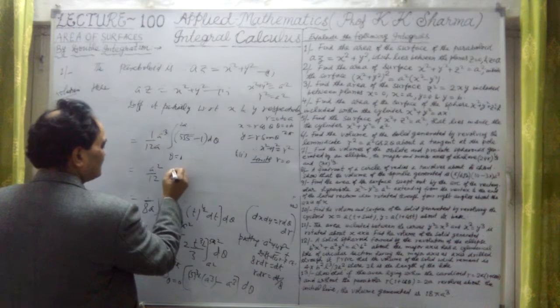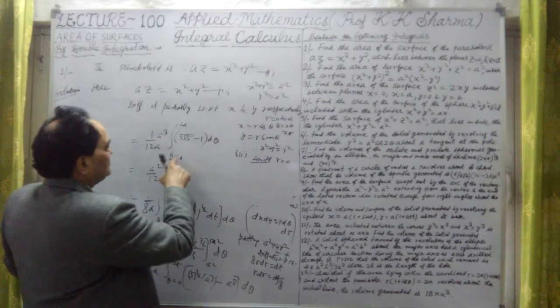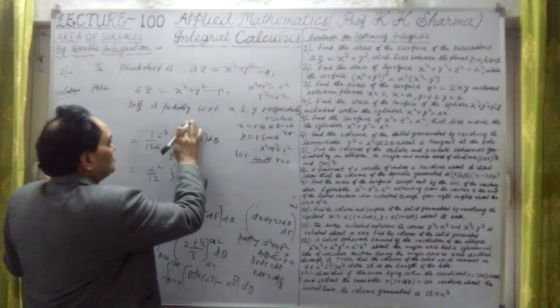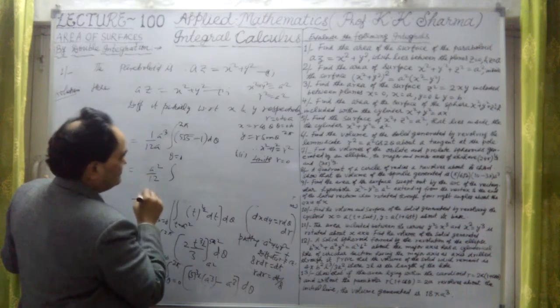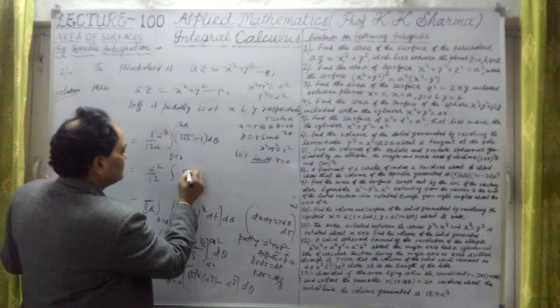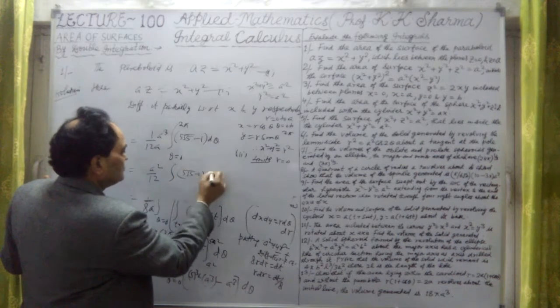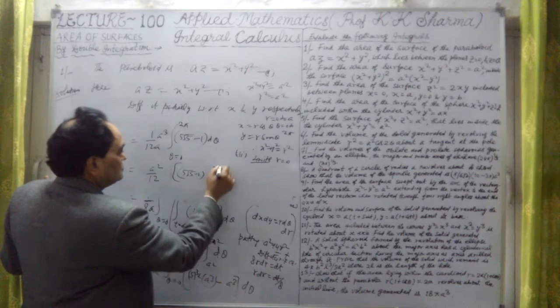Now theta is 0 to 2 pi in this case. So if I integrate this, it will be 5 under root 5 minus 1 into theta. Now limits we have to substitute, 0 to 2 pi.